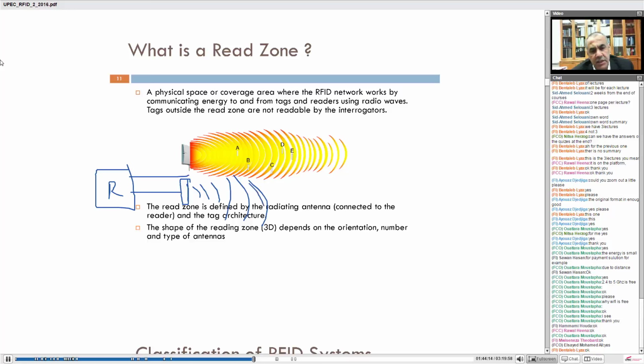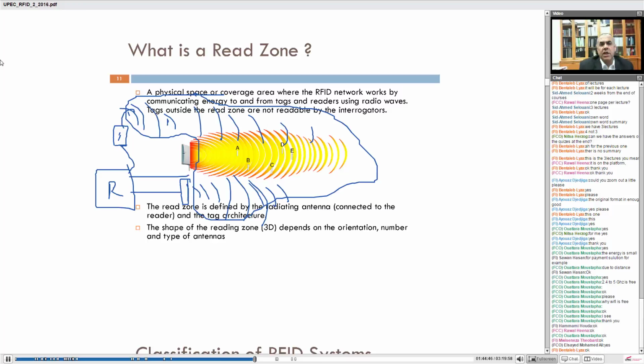So these antennas are connected to the same reader. Okay, and you have two antennas, and then you have a third antenna. Usually you can connect 4 or 5 antennas to the same reader. Have this, and you can have this space covered.